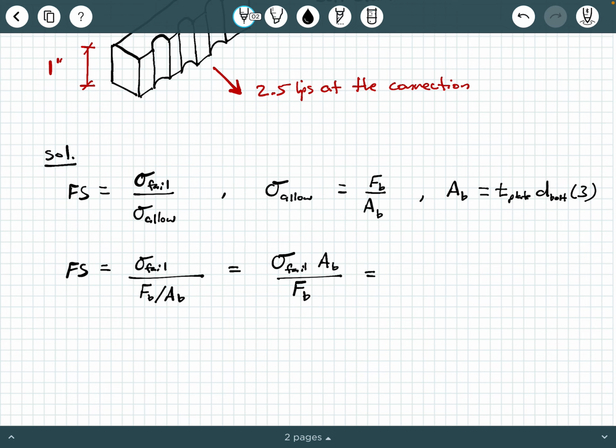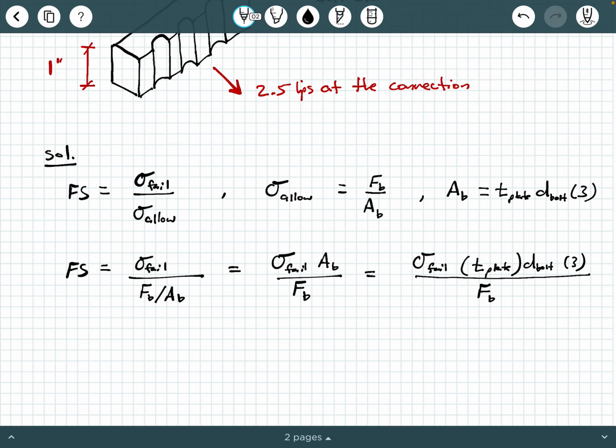And then again, the bearing area is this relationship right here. So we're going to say sigma fail times thickness of the plate times the diameter of the bolt times 3, all divided by that bearing force.